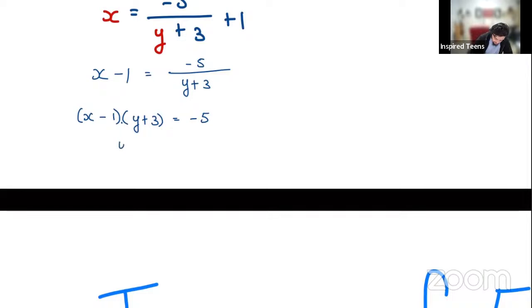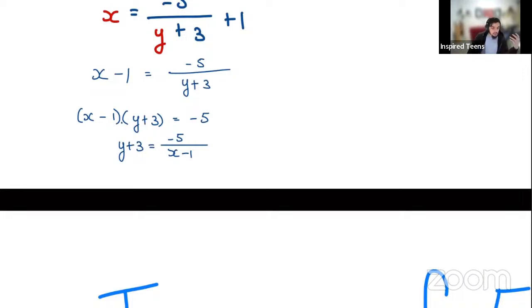So I'm going to be left with y plus 3, and I can take this x minus 1 over to the right hand side as a division, the whole bracket. Okay, so I have -5 divided by x minus 1. Okay, right.